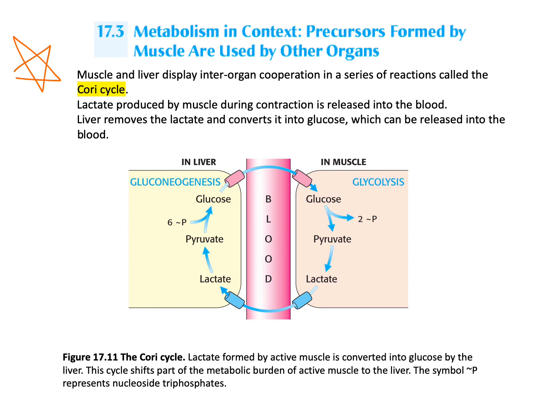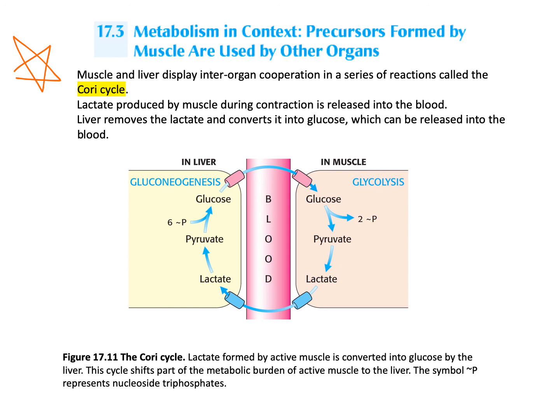Metabolism in context: precursors formed by muscle are used by other organs. The muscle and liver display inter-organ cooperation in a series of reactions called the Cori cycle. In muscle, when you do intense exercise, the muscle contracts. We learned from chapter 15 that pyruvate can change to lactate through fermentation.